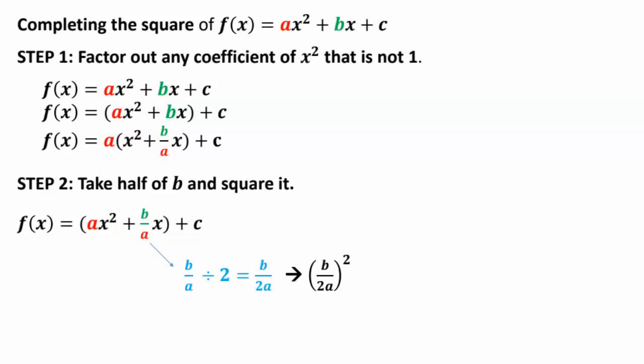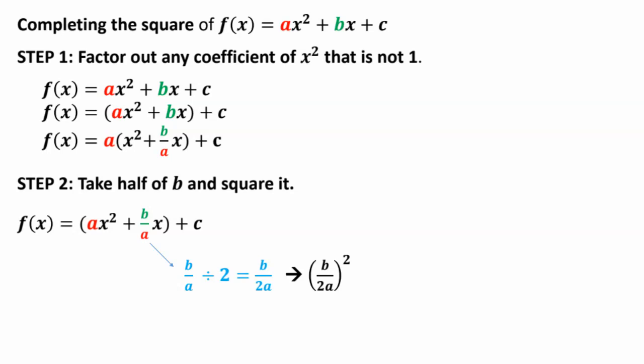If a happens to be a factor of all of a, b, and c, then you can do this, but in most cases, we're only going to factor the two terms that have the x. Once we do this, we end up with x squared plus b over a x. Again, the value in front of the x squared is now just 1.